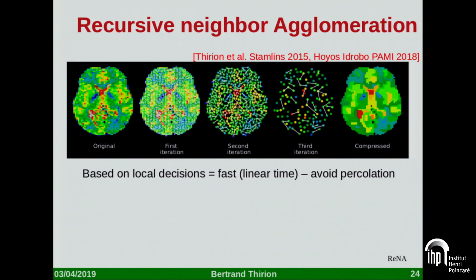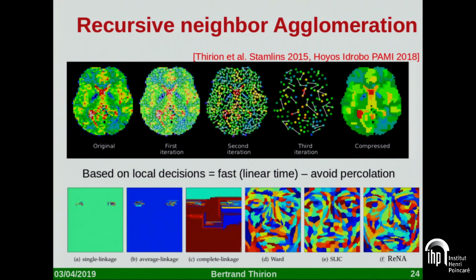So first, we need a fast clustering method. People use superpixels in computer vision. We found an alternative that is faster and, in just 3 passes on the image, gives you a lot of clusters which summarize the signal quite well. It's just a recursive neighbor agglomeration method.